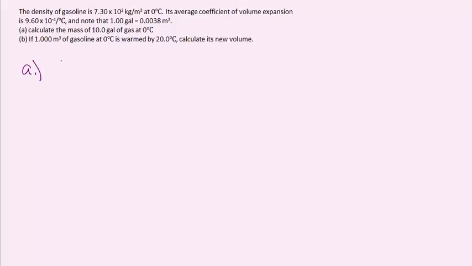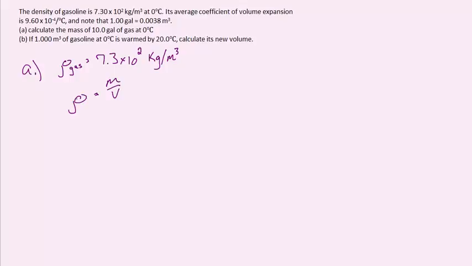So we're given the density of gas to be equal to 7.3 times 10 to the second kilograms per meter cubed. And we know that density is equal to our mass divided by our volume.